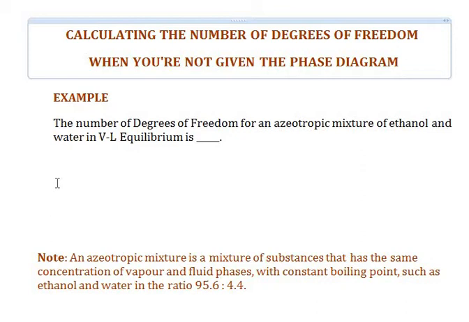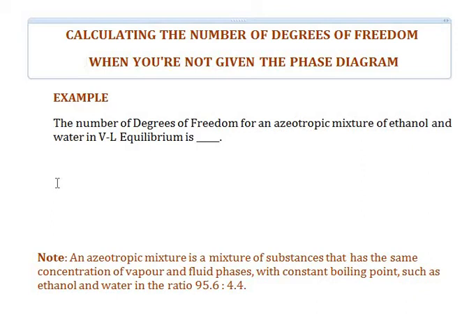Now, if you could recall, the primary importance of the phase diagram in calculating the number of degrees of freedom is determining the number of components, the number of phases, and stuff like that, right? So how about if we notice that we do not need a phase diagram in order to calculate our number of degrees of freedom?